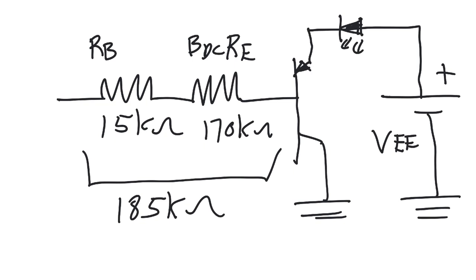Okay, so let's just call this, just for the sake of easy reference, Vx. This Vx is the theoretical voltage across RB, which you can measure, beta DC RE, which is conceptual, right?